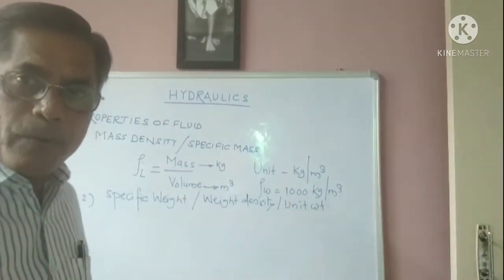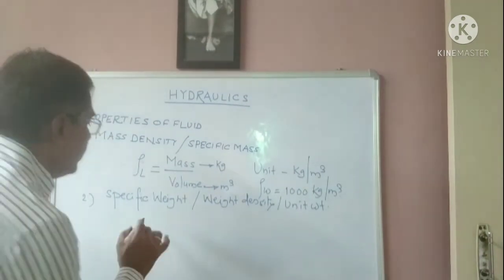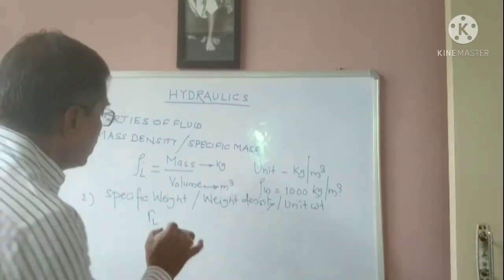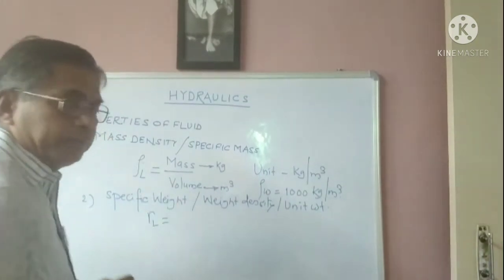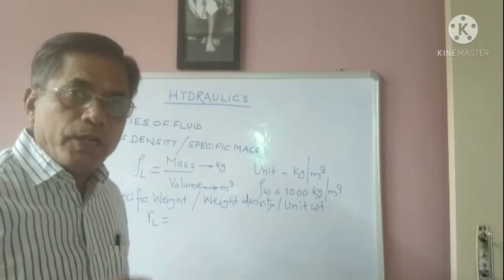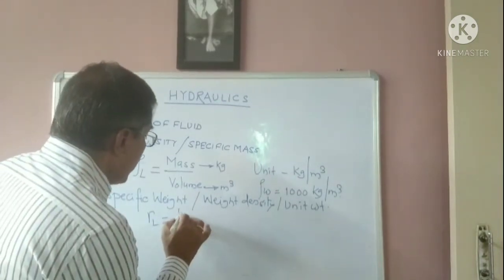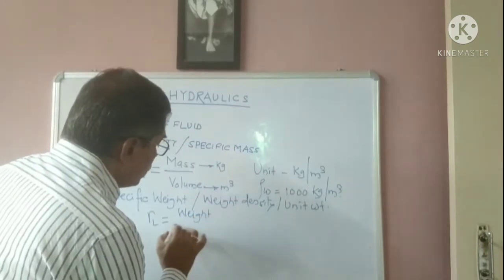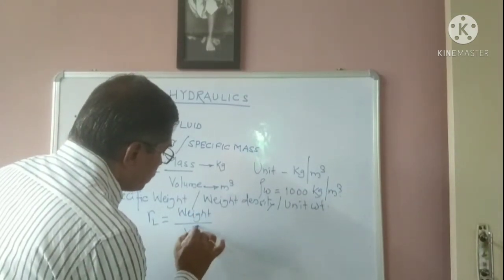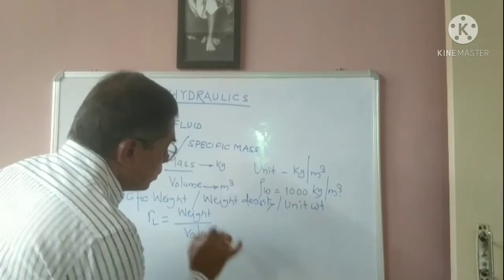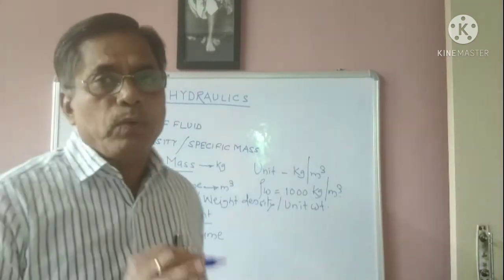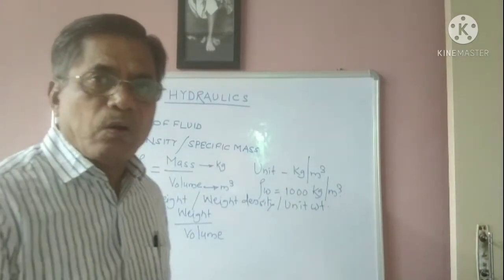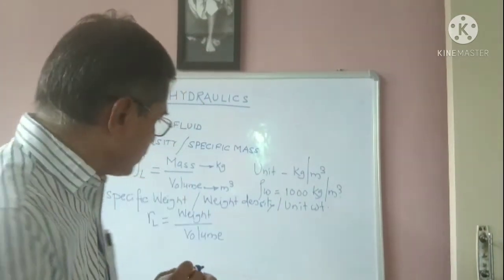It is denoted as gamma L. So the specific weight is the ratio of weight of fluid to the volume of fluid. So weight per unit volume is called as specific weight or the weight density.